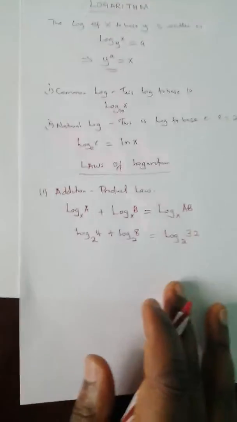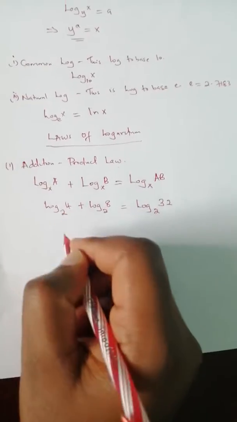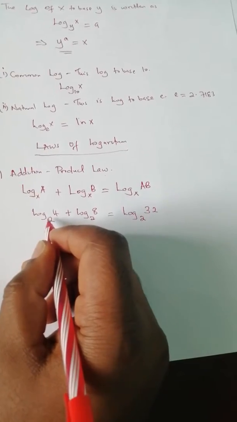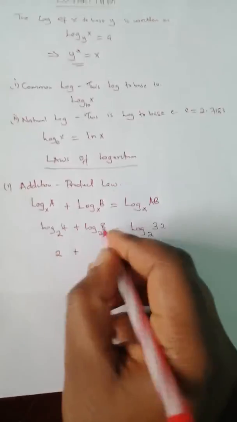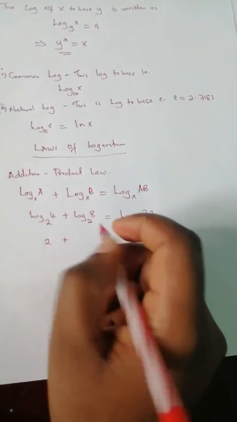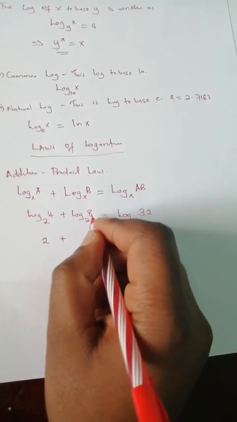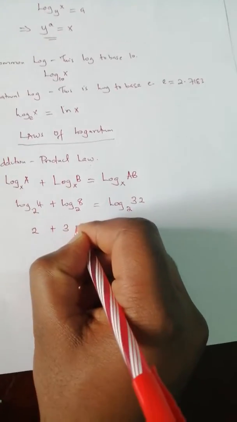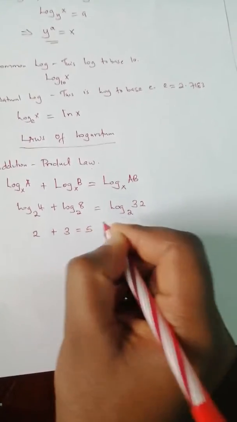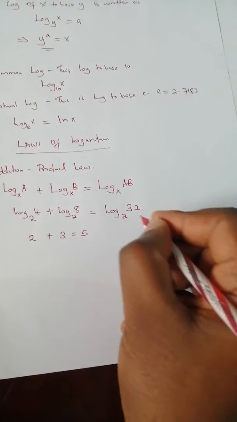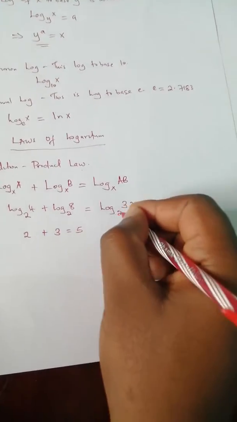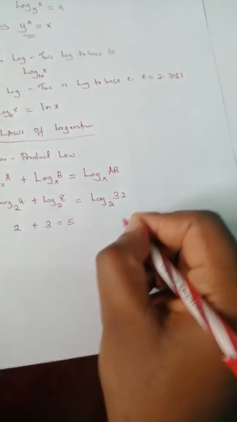Now to prove this, we know log 4 to base 2 is the same as 2, plus log to base 2 of 8 is the same as 3, which is 5. Now let's see whether this is 5.